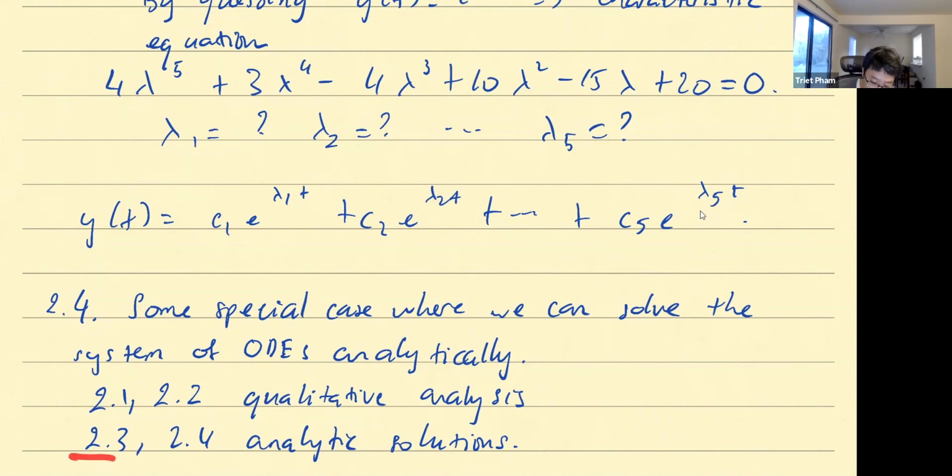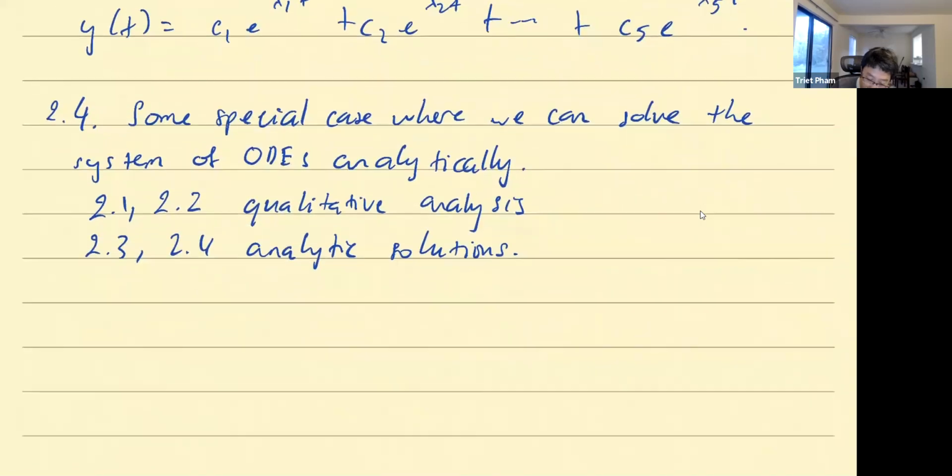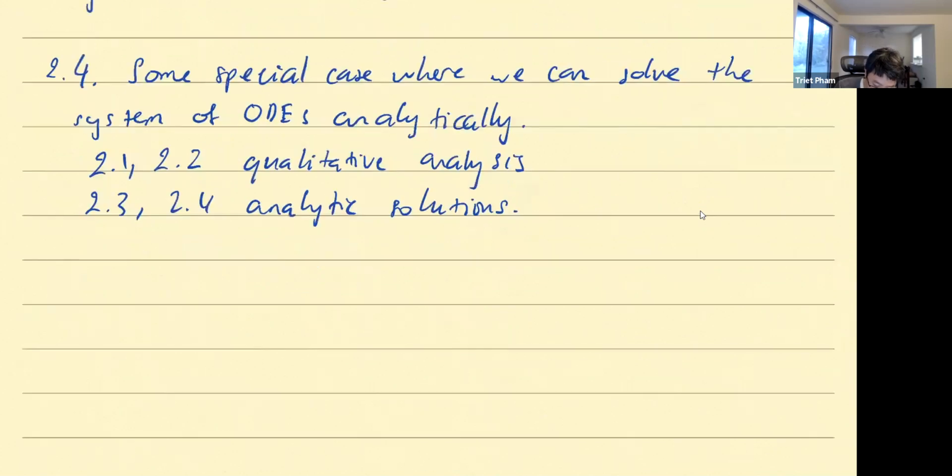2.3 assumes that we have a second order linear system, a linear equation to work with. 2.4, as you see, doesn't do anything earth-shattering. It's just pointing out some really obvious cases that, if you pay attention, you already have anyway. So 2.4 talks about two special cases.